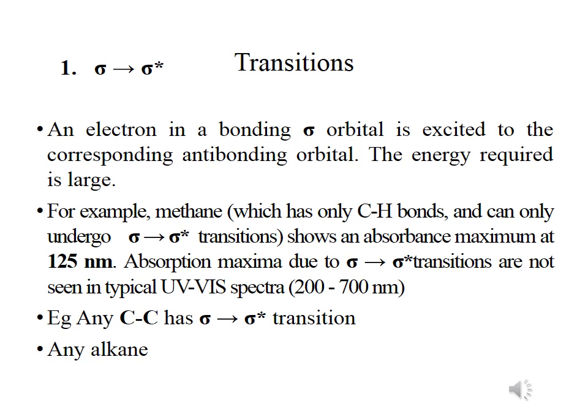So it means sigma to sigma star transitions cannot be recorded in the UV visible spectrum.